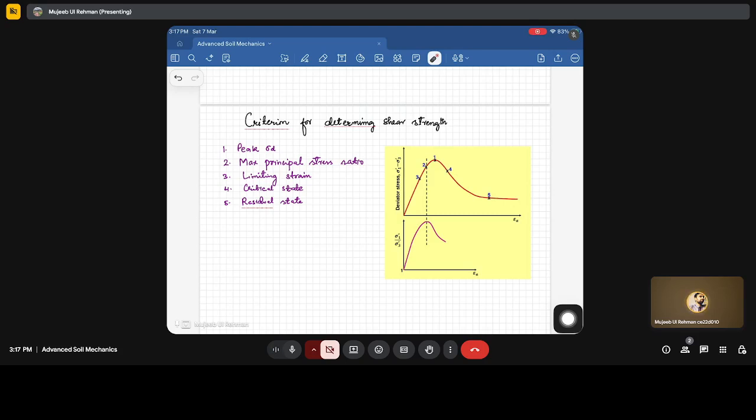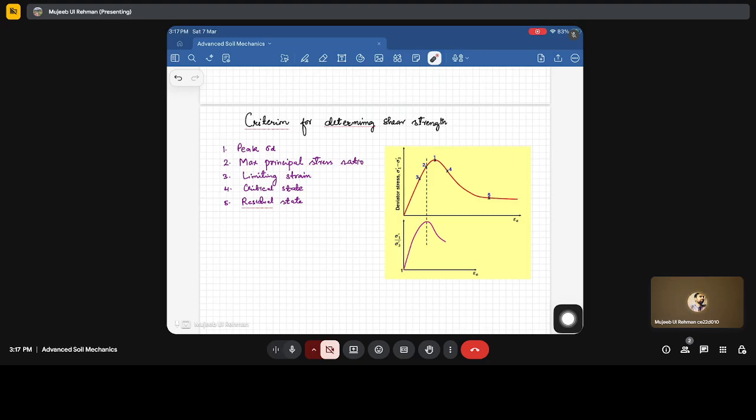And one more thing, this critical state is actually a fundamental property of soil, because irrespective of the initial state, whether it is loose or dense or whatever the conditions, the soil is going to reach this critical state. And for cohesive soils, in case the soil is sheared beyond the critical state, we can consider point 5, which is the residual state, as a criterion for determining the shear strength.